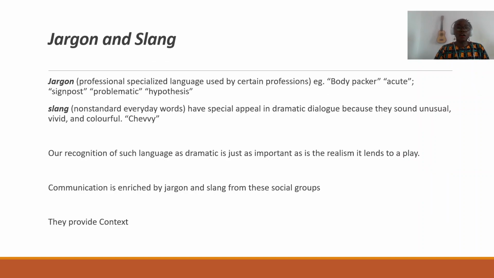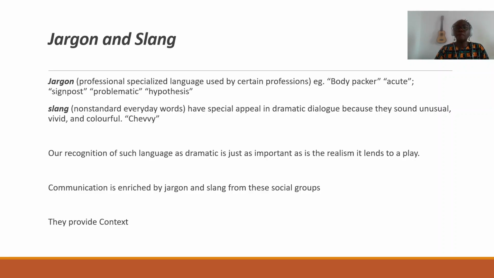Another way of identifying language is the use of jargon and slang. Jargon, as I have alluded to before, is the professional language that we use. They are mostly limited to a certain group of people. It's a specialized language.